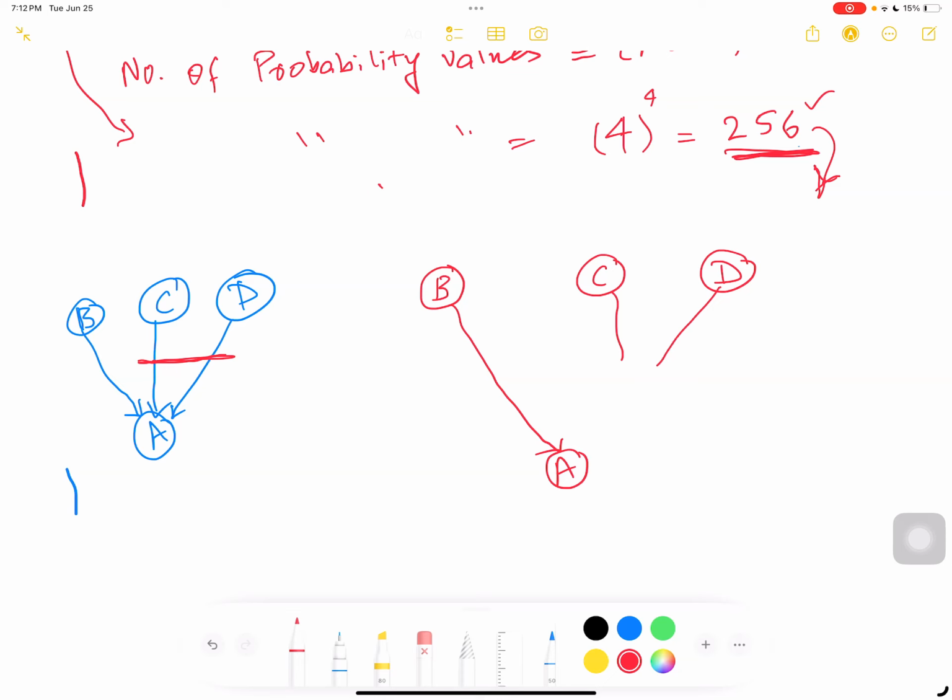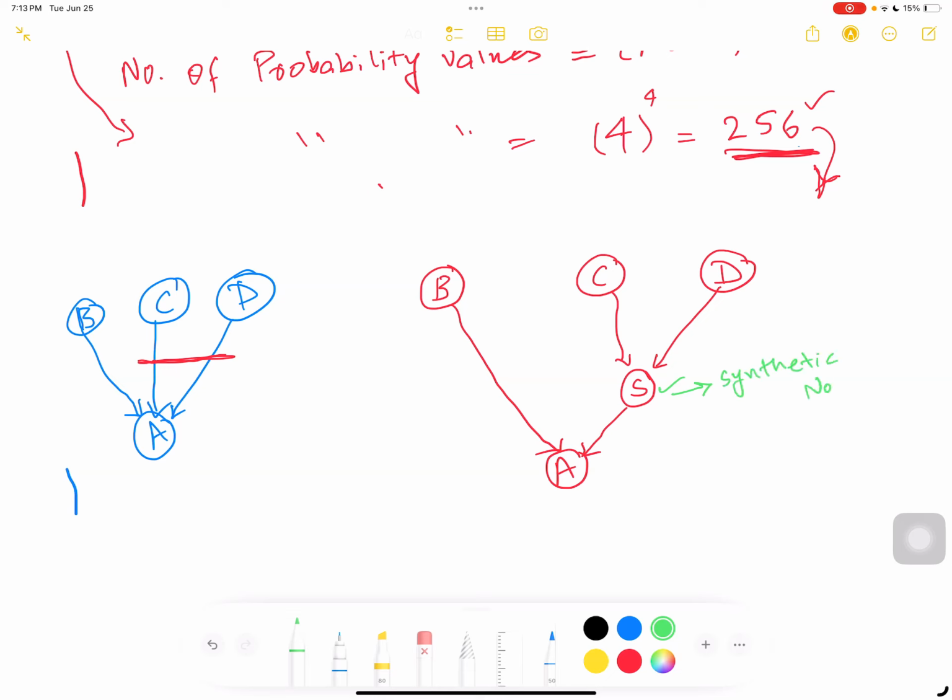Let's call it S, or any name, and the output of this S becomes input for A. So S becomes the parent of A. This variable S that I just introduced is called a synthetic node.